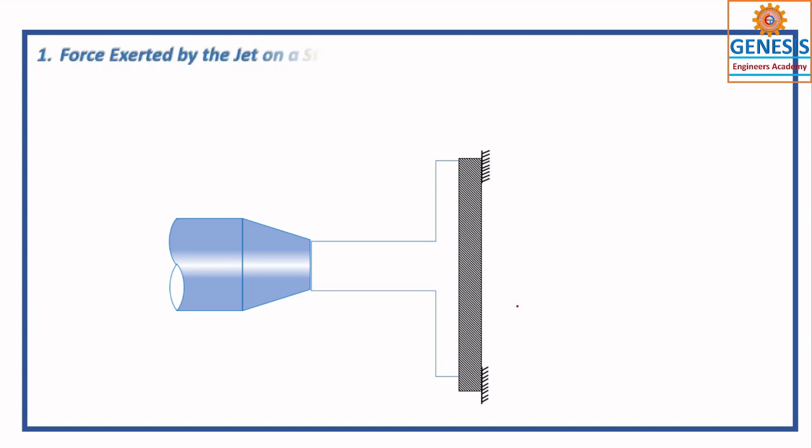Now first I will take up one thing, that is the stationary vertical plate. So it is vertical. This is the axis. With this axis these are symmetric, and the angle is 90 degrees.